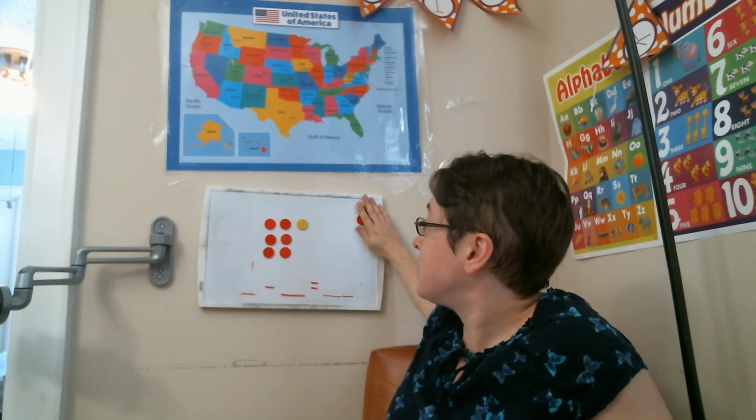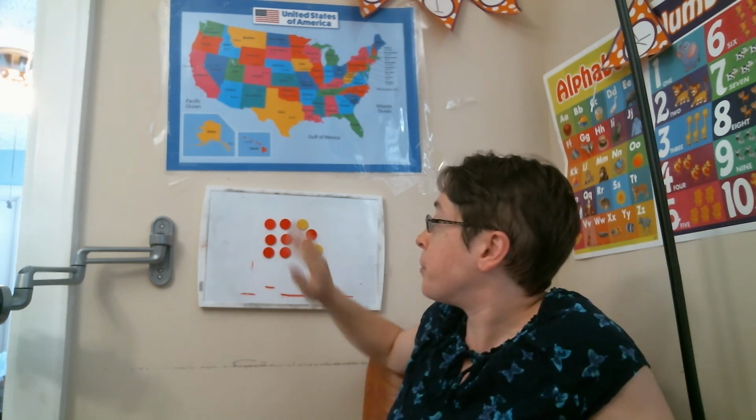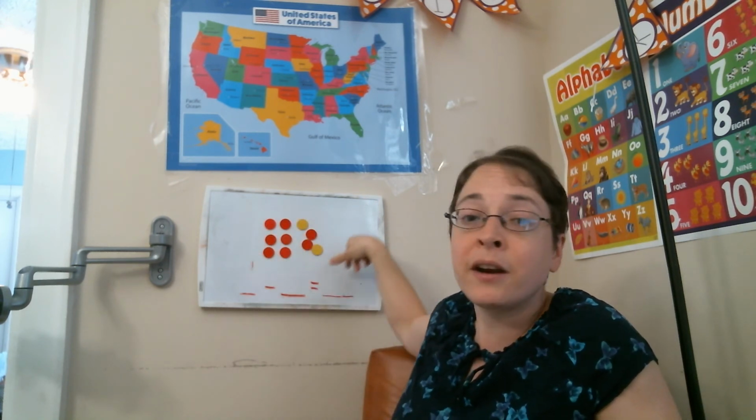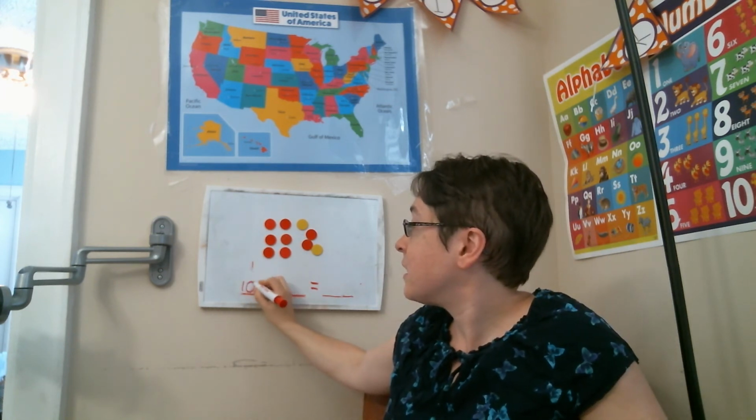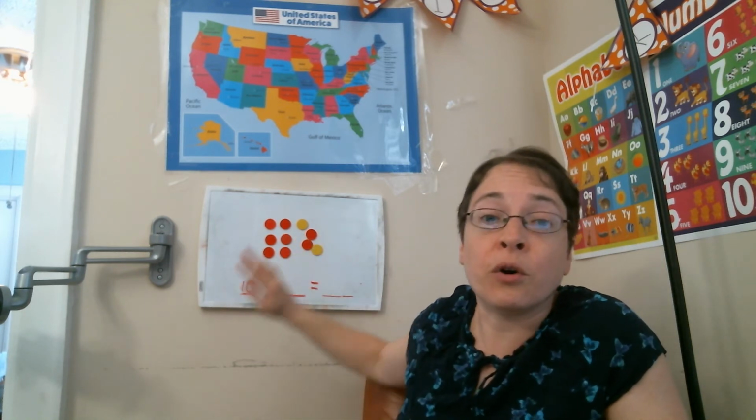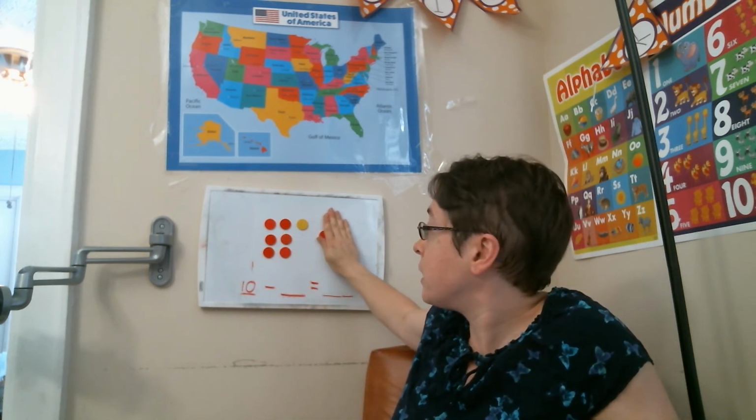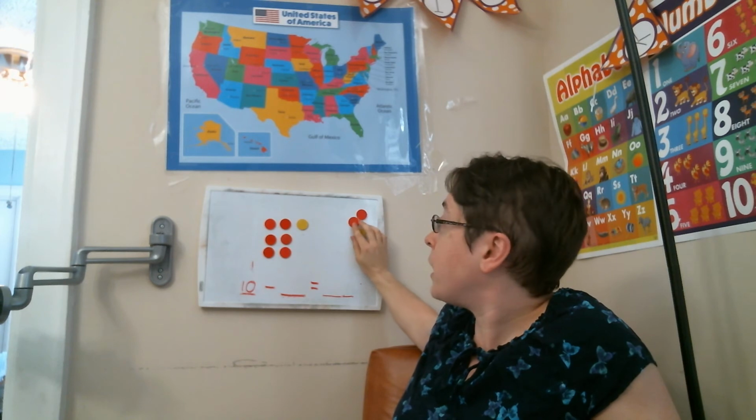How many are left? So let's make our problem. How many bears do we have? 10. How many go to the honey tree? 1, 2, 3.